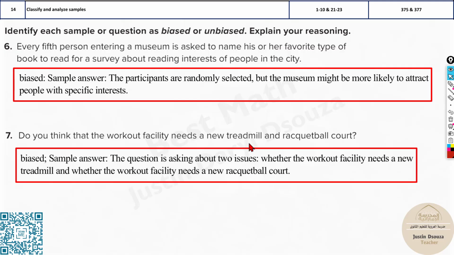So this is also biased because you should not say new treadmill or racquetball court. Basically the question is about two issues, and you're just enforcing your answer. So that's why this would be biased. An unbiased question would be, what do you think the workout facility would need? That would be much better. That will be unbiased. You're just asking their opinions or their points of view. But this will be biased because you're suggesting this to them.